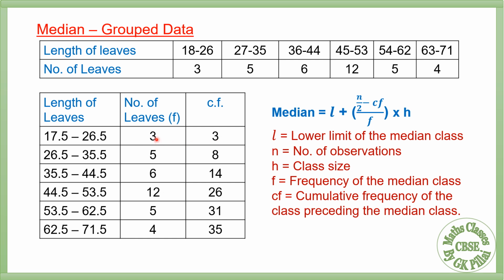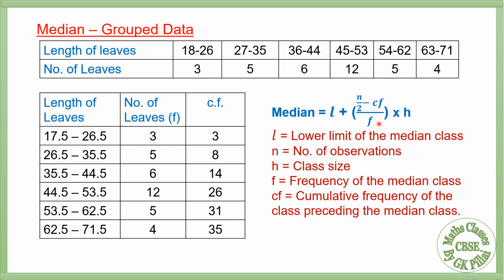Here, the first one will be 3. Next, 3 plus 5, 8. 8 plus 6, 14. 14 plus 12, 26. 26 plus 5, 31. 31 plus 4, 35. This is the cumulative frequency.